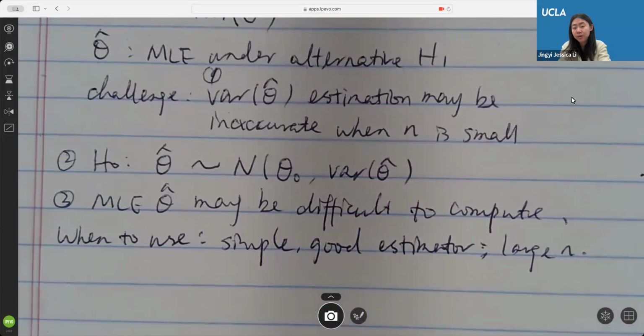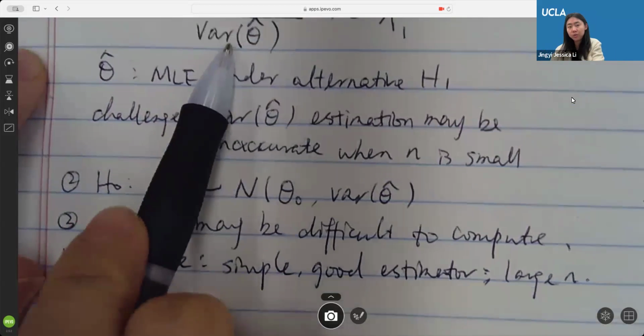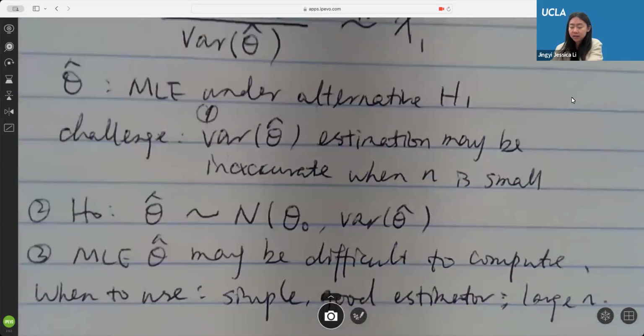And if you're interested in estimating one single beta coefficient, and asymptotic normality holds without a problem, MLE is easy to compute by least square. And if you have a reasonably large N to make the asymptotic normality hold and also to make the variance estimation nice, then you can use Wald. So it's just simple. And also it's very intuitive based on asymptotic normality. That's the Wald test we use in linear model.